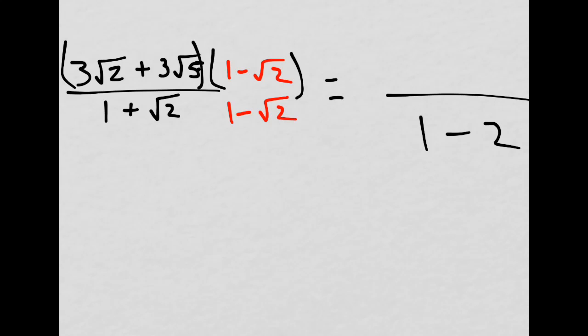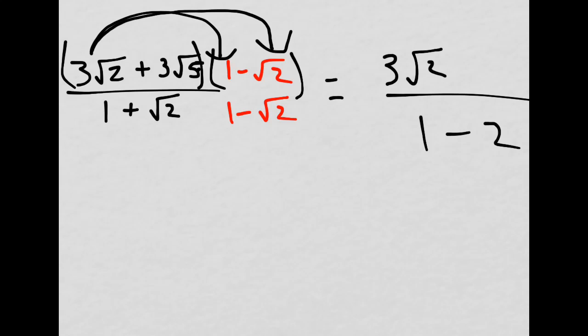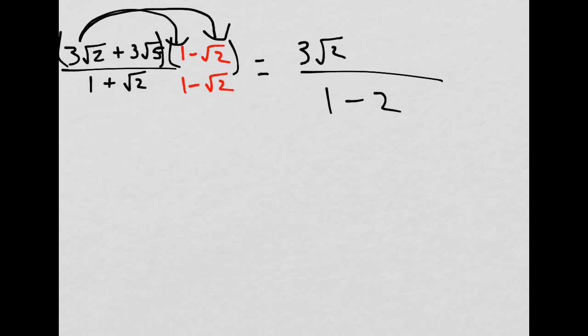Why can't you just add those two? So my first step is the two front numbers. So that's 3 root 2 times 1, which is just 3 root 2. Then my next step, 3 root 2 times negative root 2. This one's a little trickier.